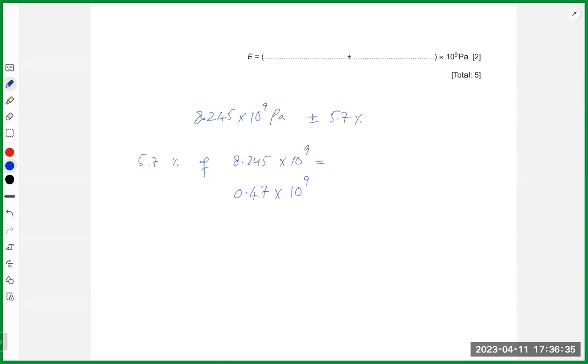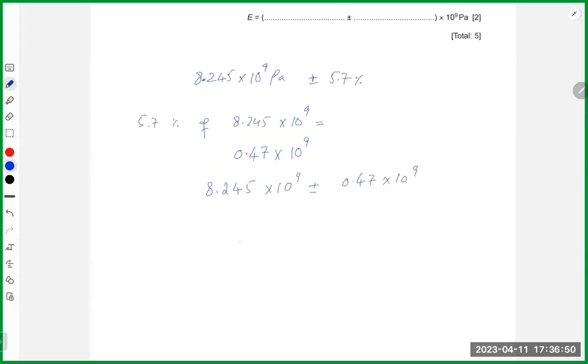So this means we have 8.245 into 10 to the power 9 plus minus 0.47 into 10 to the power 9. If we take 10 to the power 9 as common, it should become 8.245 plus minus 0.47 into 10 to the power 9 Pascal.